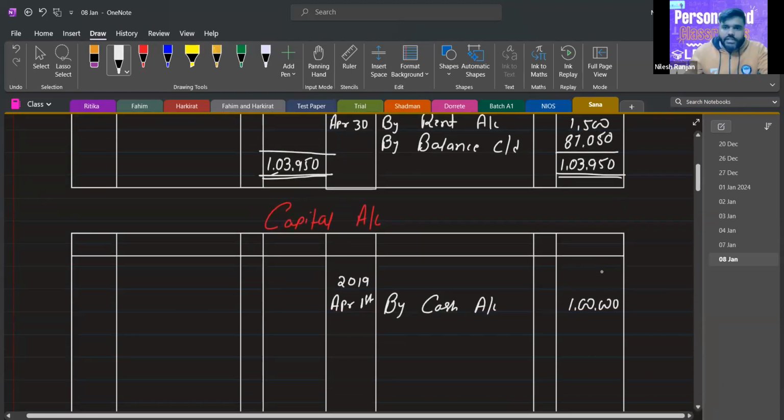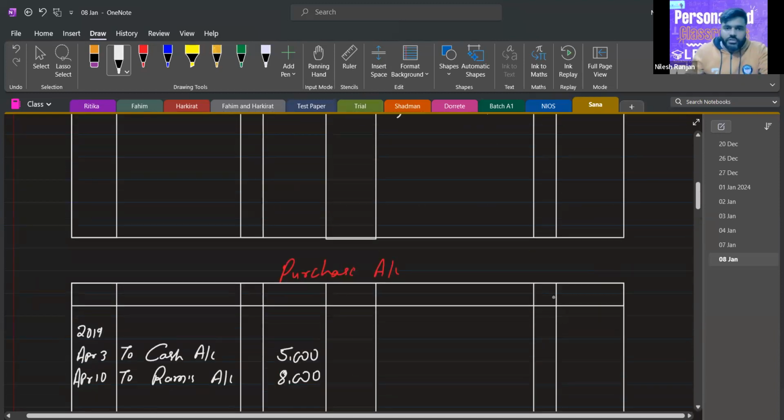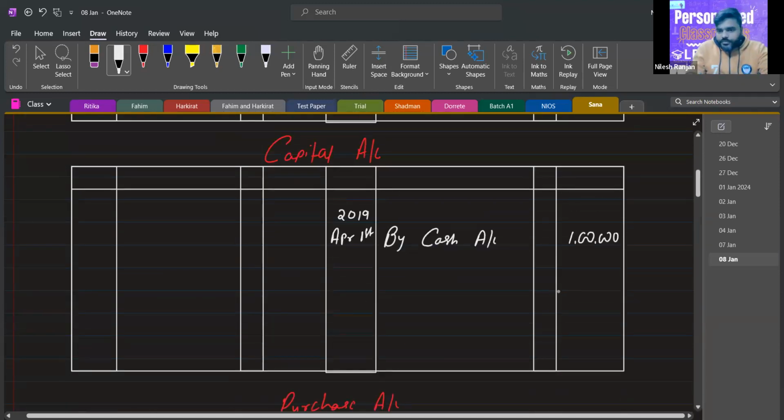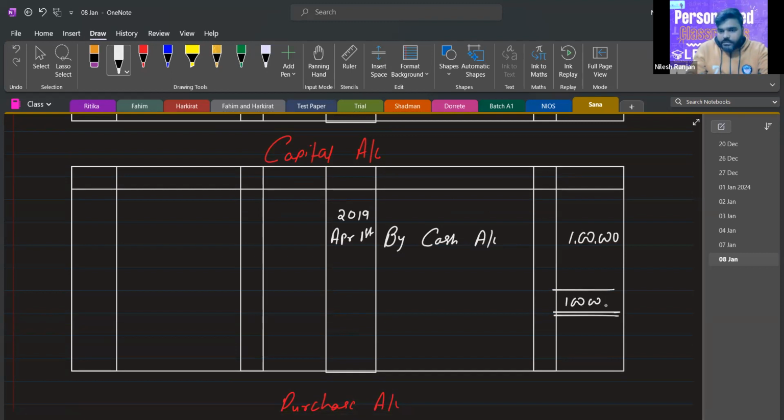Now the capital account balance will be 1 lakh, and here it will be to balance CD 1 lakh.